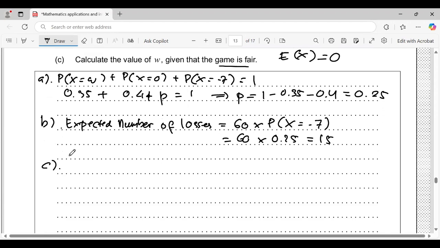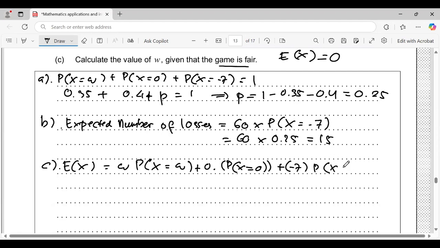We can calculate using the formula E(X) equals W times probability X equal W, plus 0 times probability X equals 0, plus -7 times probability X equal -7.